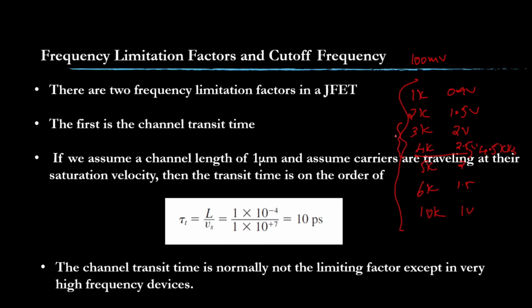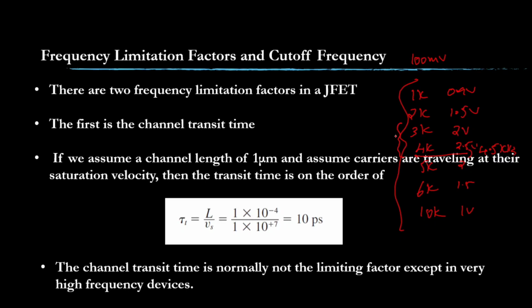That is the meaning of frequency limitation and cutoff frequency. If you work at 1 kilohertz, it may not give the correct or desired output. If I work at high frequency like 6 kilohertz or 10 kilohertz, again it won't give a proper or desired output voltage. So the frequency is limited, 3 kilohertz to 4.5 kilohertz, right.